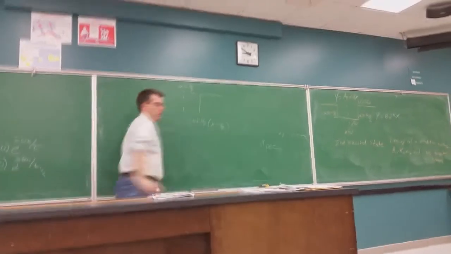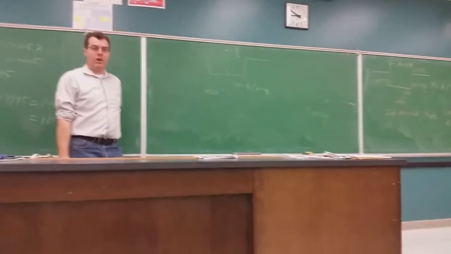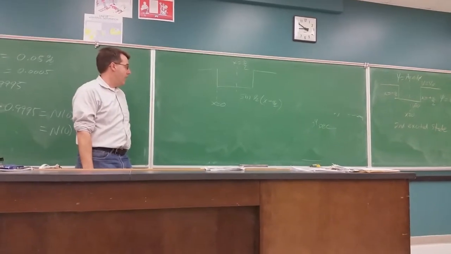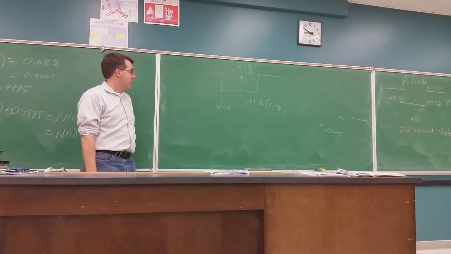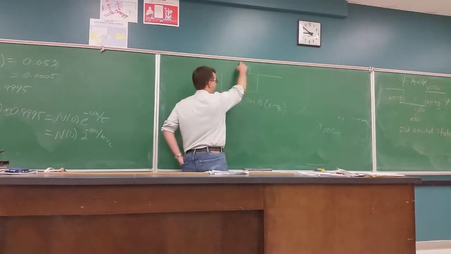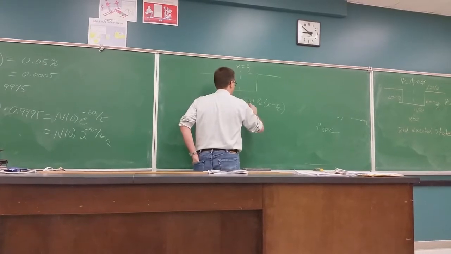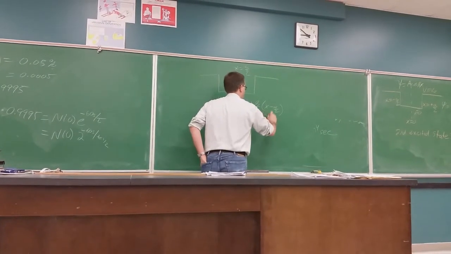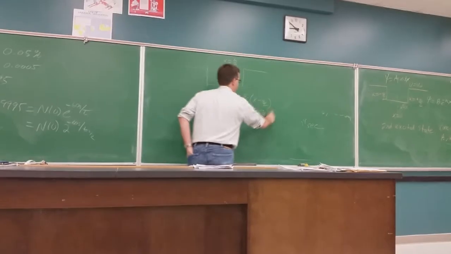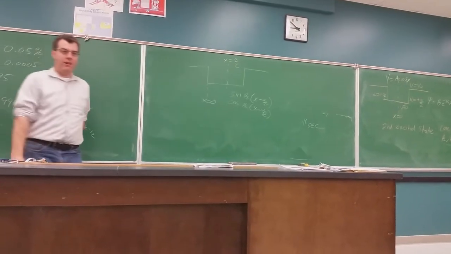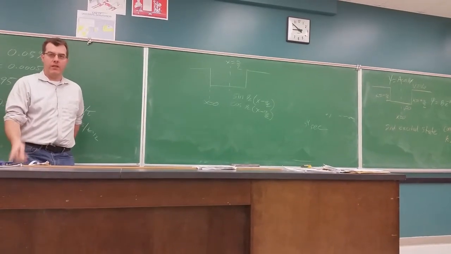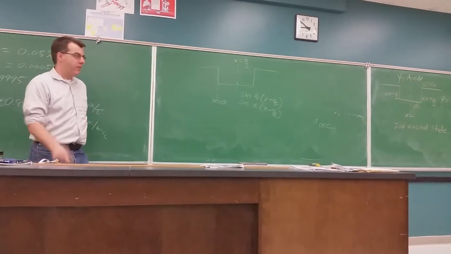X minus a over 2 is our distance from the center of the quantum well. We still have a function that is symmetric about the center, so it's going to be an odd or even function of x minus a over 2. It's going to be an odd or even function of the distance from the center. That's all that physics says.